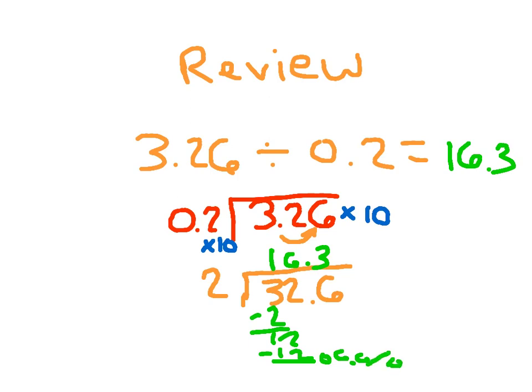Is there a way to check this? Of course there is. The inverse of division is multiplication. So if we had 16.3, we're multiplying it by 0.2.